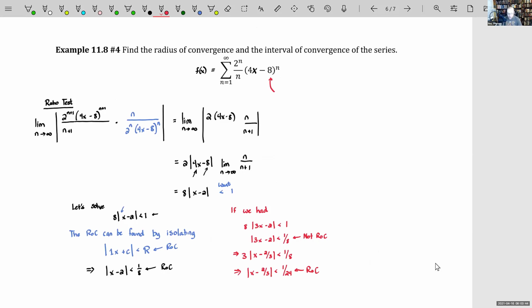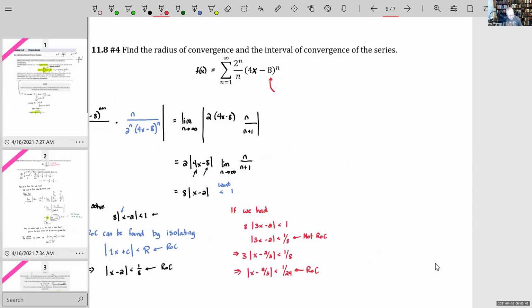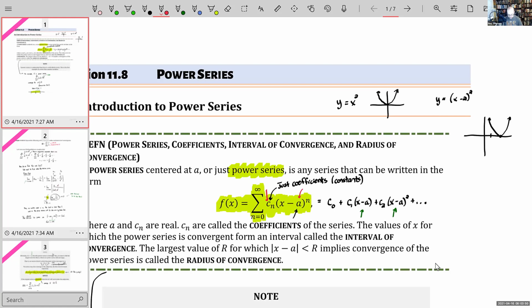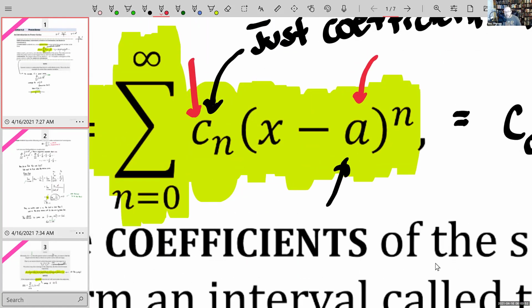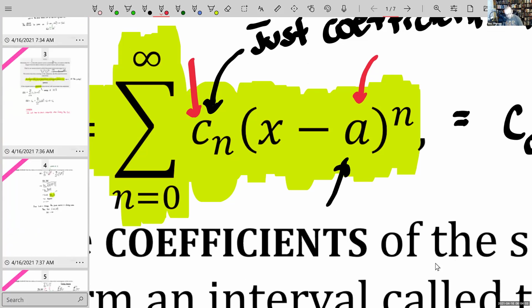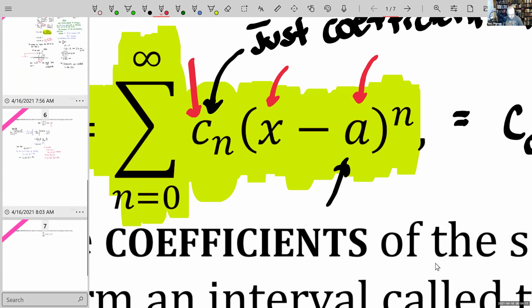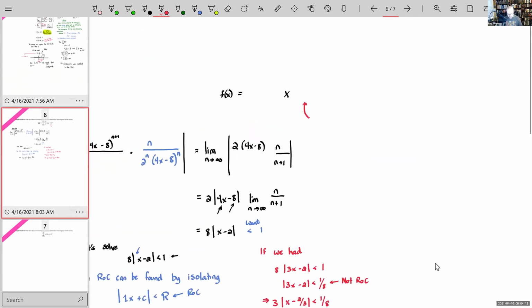And remember, when we defined the center of our power series, it was x minus a to the nth. So a lot of people will say, if it was 4x minus 8 to the nth, then 8 must be the center. But that's not true, because this is 1x, not 4x. Everything with power series requires the coefficient of x to be a 1.